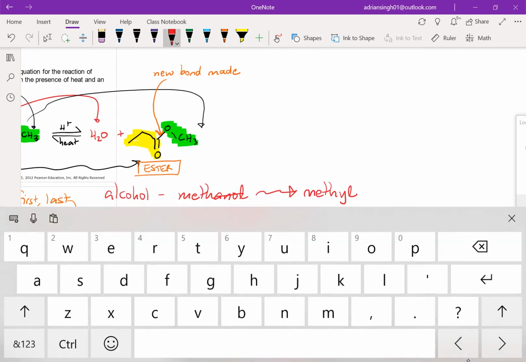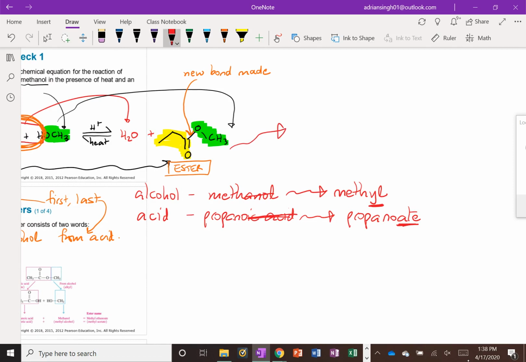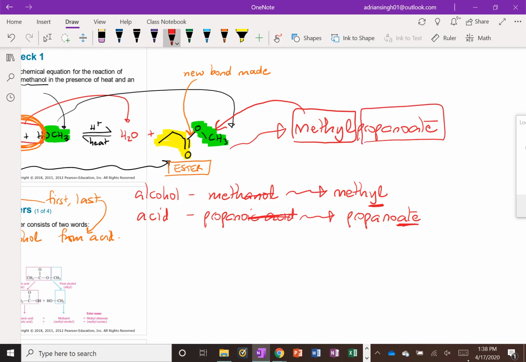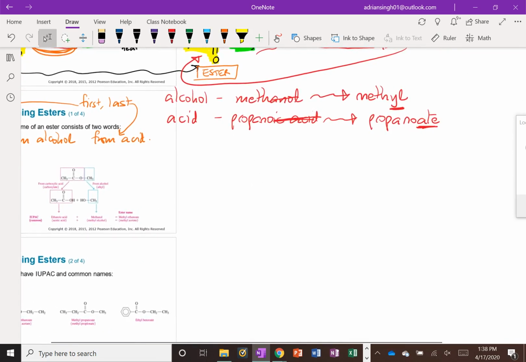We're going to change it to end in OATE. So this becomes propano, and then we add the ATE ending. So the name for this ester up here would be methyl propanoate. The first part of the name comes from the alcohol, this region, and the last part of the name comes from the acid, which is the region in yellow. All of your esters are going to be named that way.